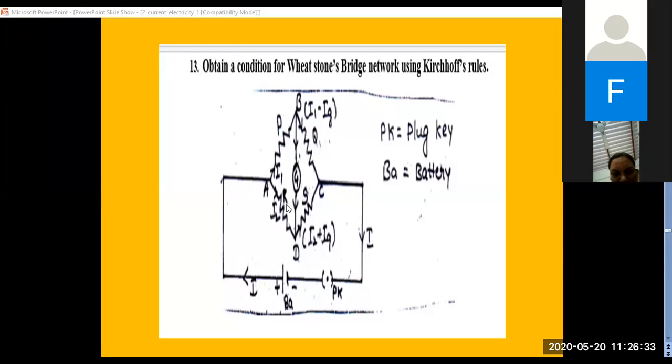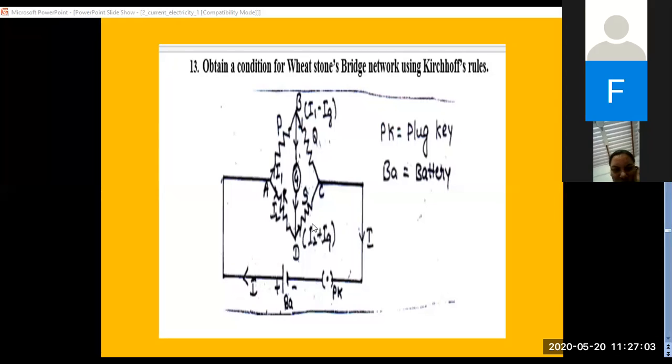Now at any point, current entering is positive, current leaving is negative. At the point B, current entering is I1 but what is leaving? IG. That's why I1 is positive, IG is negative. So here it is I1 minus IG.